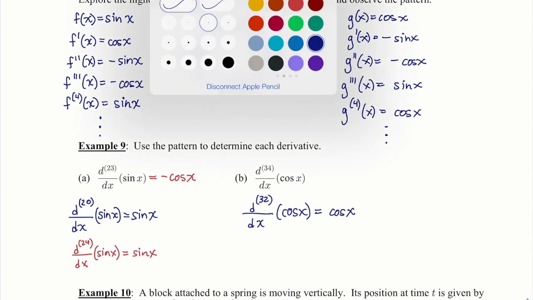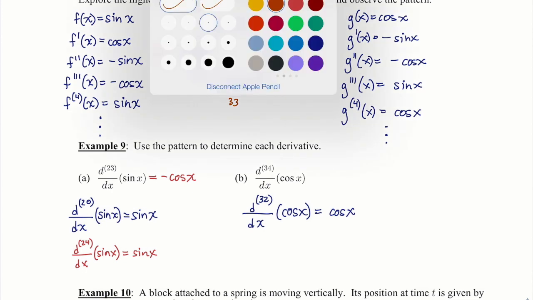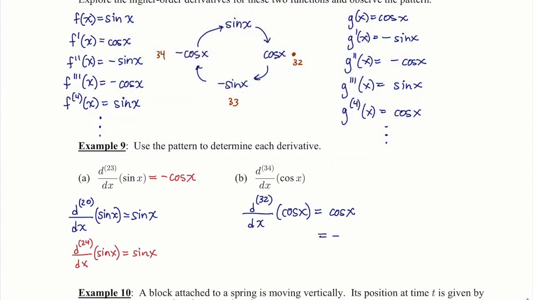So back on my picture here, here's 32, and then 33 would be here, and 34 would be there. So I would have negative cosine of x. Right. So if you can just establish this cycle for 4 of them, then you can use that pattern to find any of them.